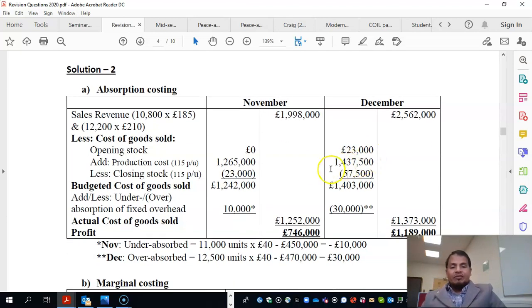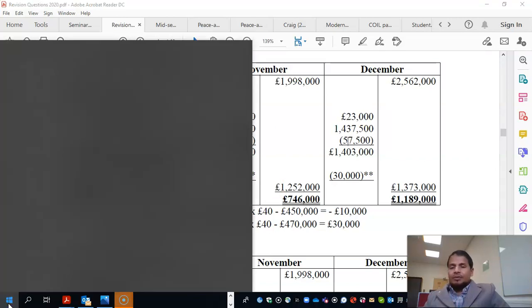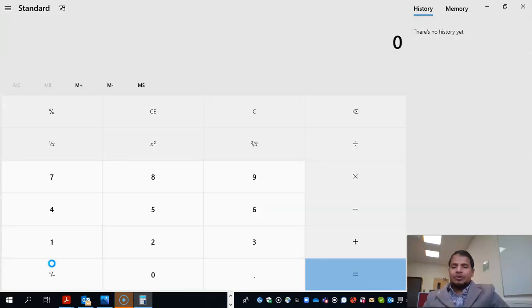So 500 times 115. So it should be 57,500, isn't it? Can I show you calculator? Where is it? Slow, very slow.